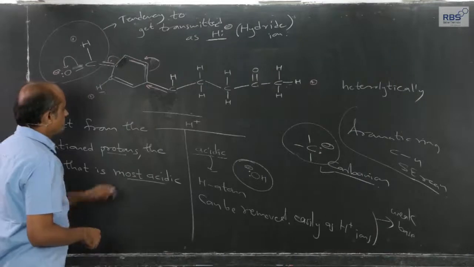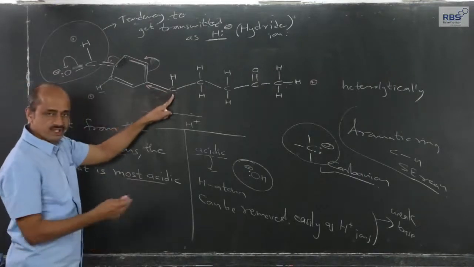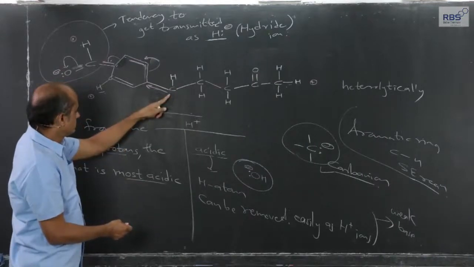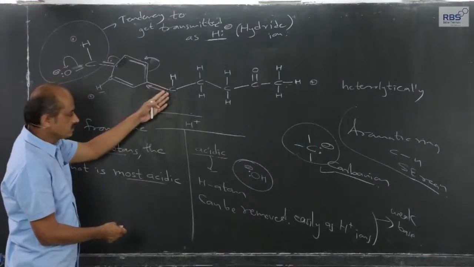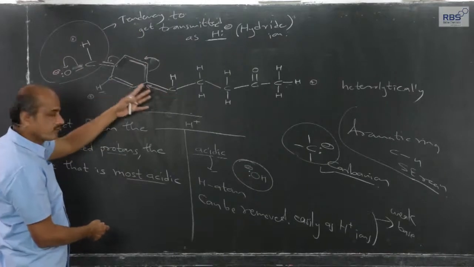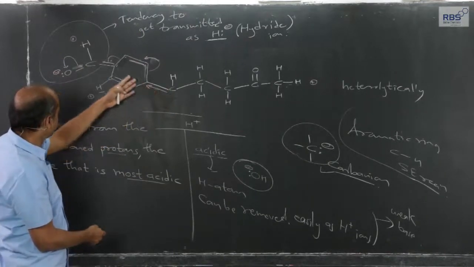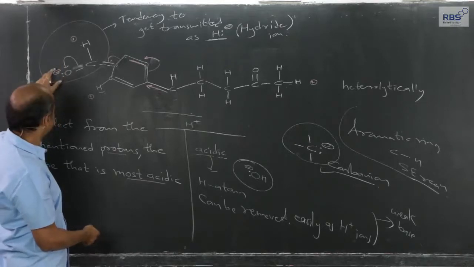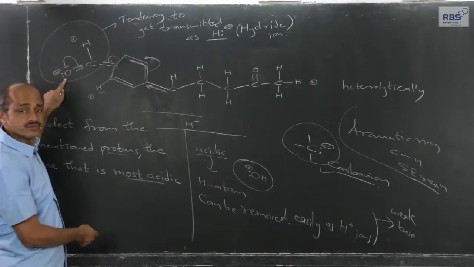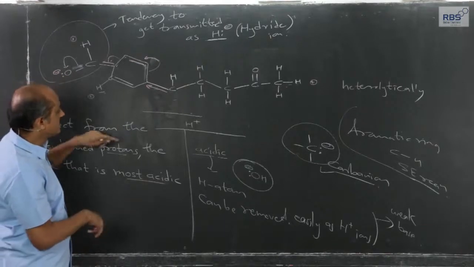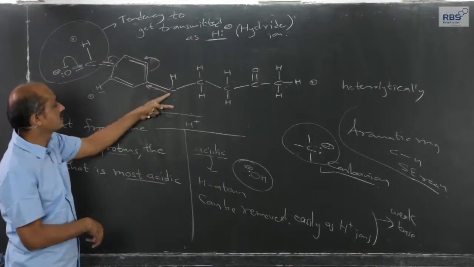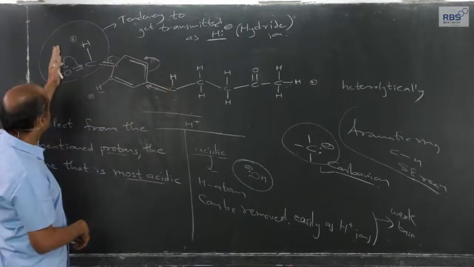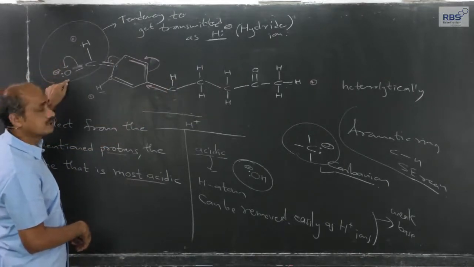So ultimately, the carbanion which was formed here, which I had shown earlier, the negative charge because of resonance gets transmitted through various resonating forms. The negative charge can get transferred onto oxygen, which is more electronegative. It means the negative charge developed on this carbanion gets decentralized over so many nuclei, and it can also be present on this oxygen.